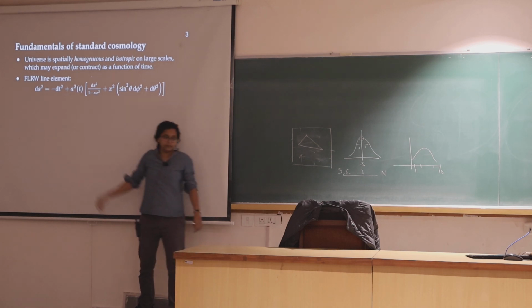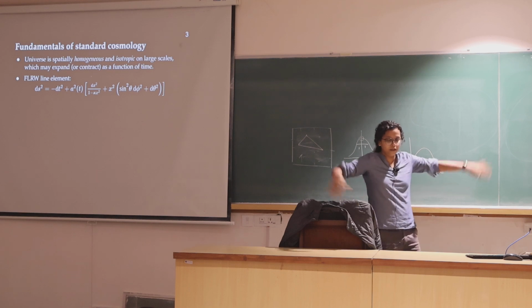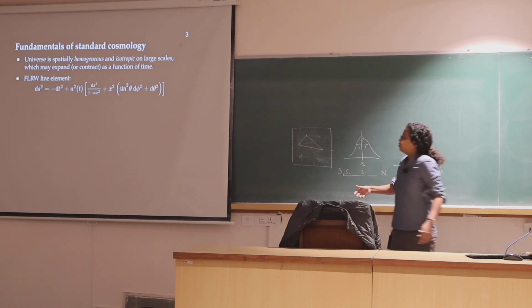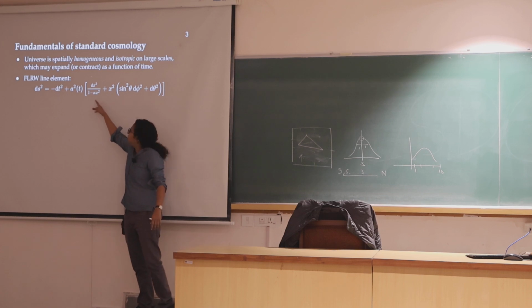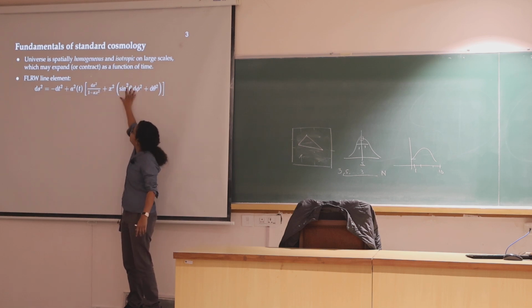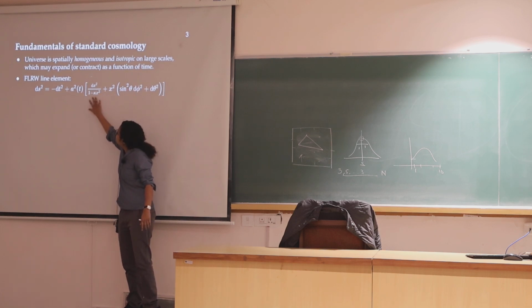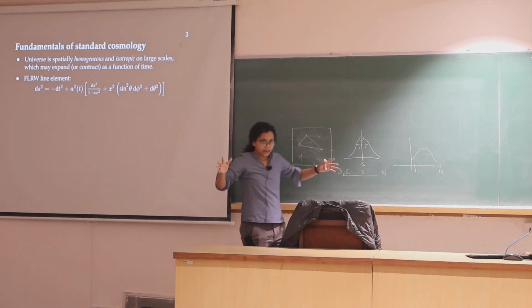We include this because there are multiple possibilities that the universe might be flat, open, or closed. To account for that, we add something like this here. For this talk, you ignore this, we will keep it 0. So it is just dr squared plus r squared d omega squared. Now, this is the static space.